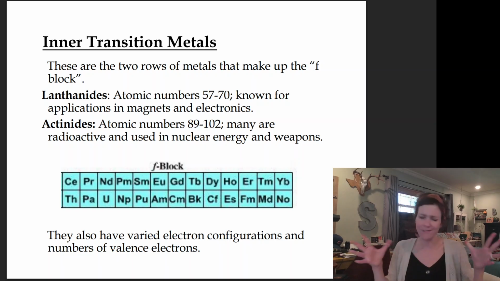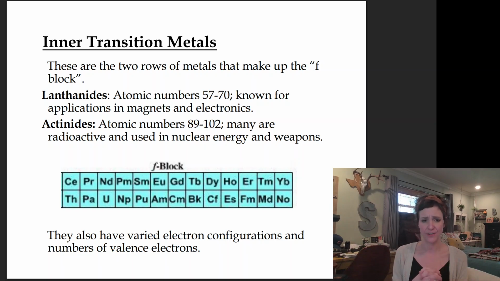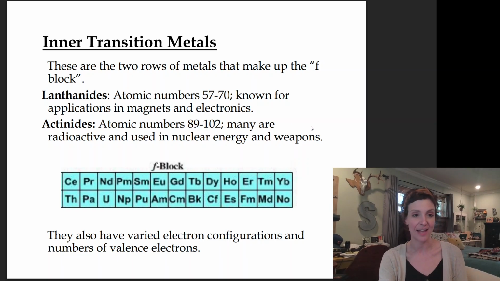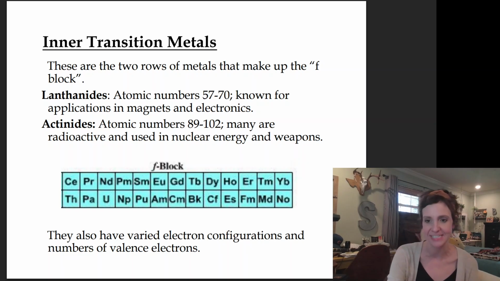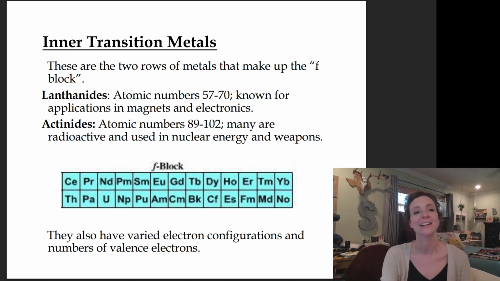They also have very weird, varied electron configurations, especially since they are bigger elements. Stuff gets a little bit less clear cut there. A lot of my lanthanides are used for electronics and in magnets and stuff like that. A lot of my actinides tend to be radioactive, so they're used with nuclear energy and atomic bombs and stuff like that, which makes them exciting.